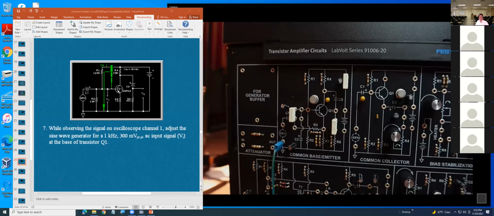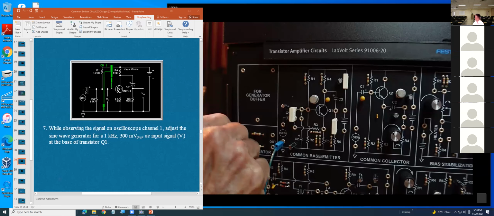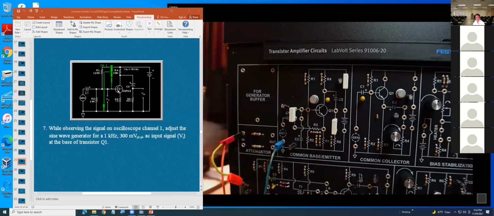So now, in order to do it, you connect the generator output into the in of the attenuator. You see that? You connect to in. And the output of the attenuator connects to the generator input of the circuitry.